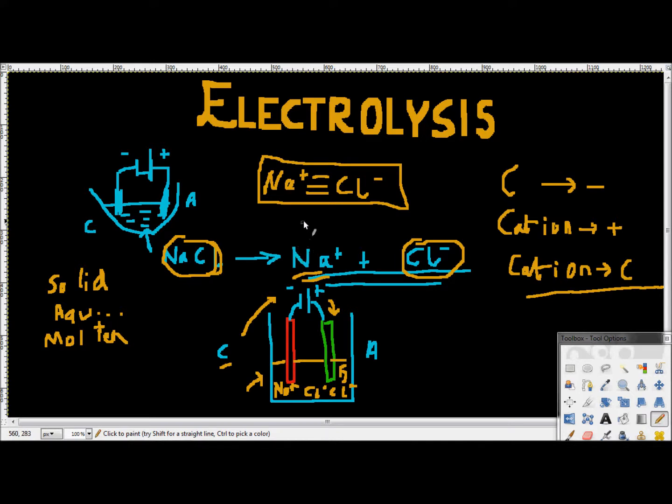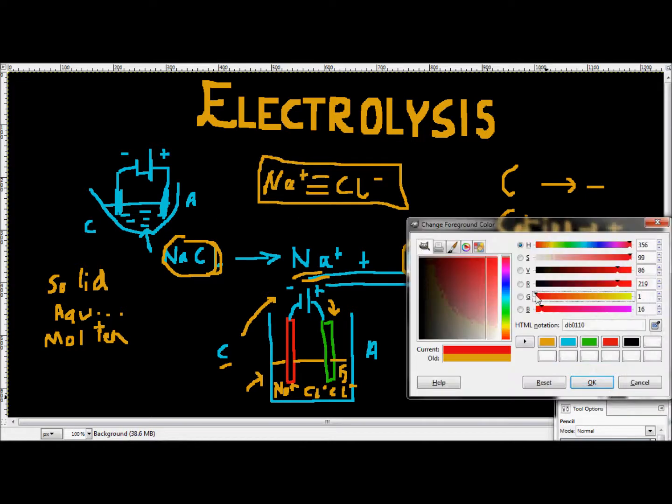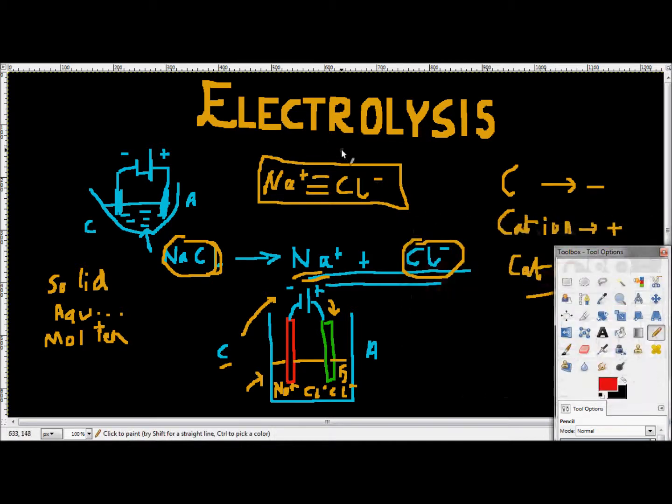Now since there are no mobile ions that can move around, what you do is you actually provide a bit of energy to this whole compound of NaCl. Just going to take a different color now. So to break this bond, you need a certain amount of energy.